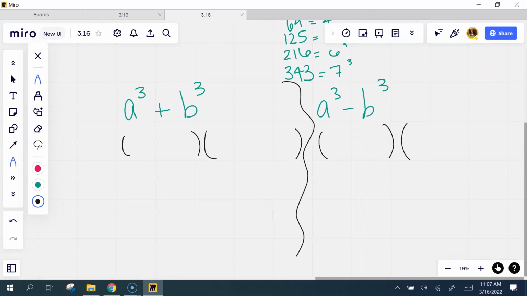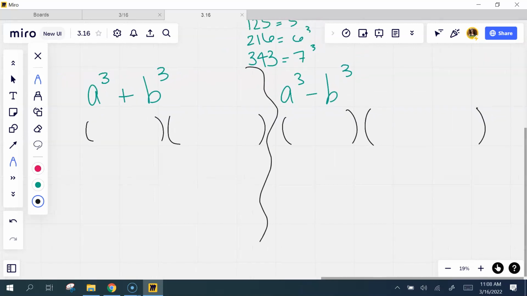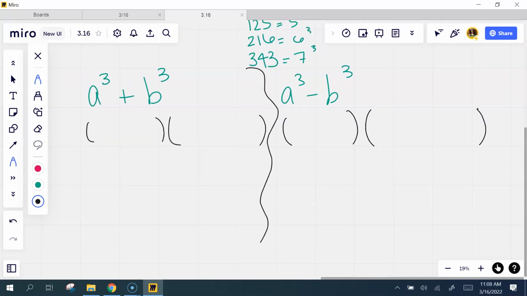What was what? Okay. I always do the signs first. The signs are going to be the same sign you started with. So for the sum, it would be what? What sign's in the middle? Plus.